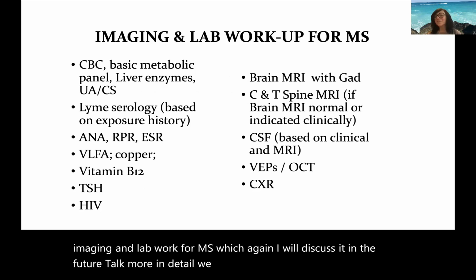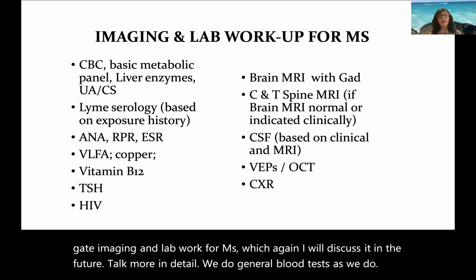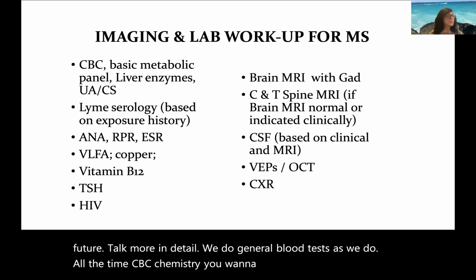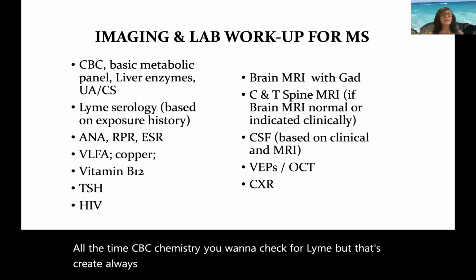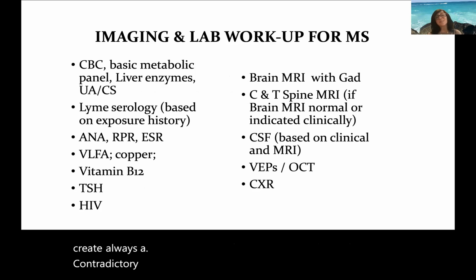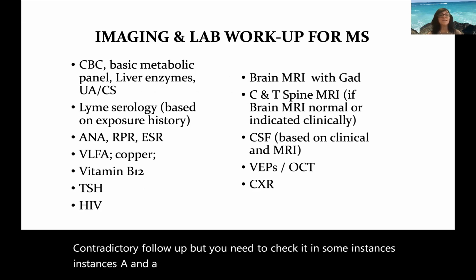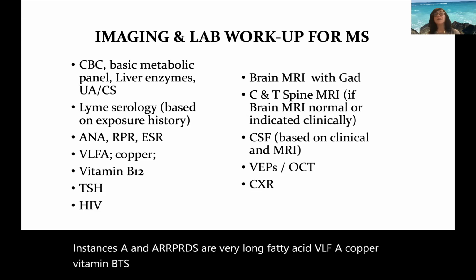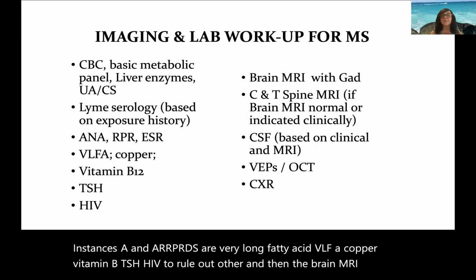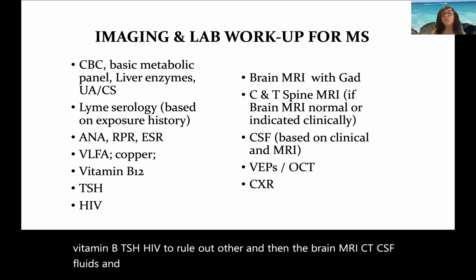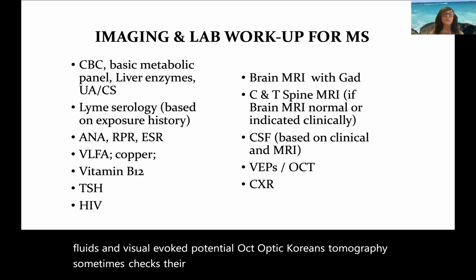We do general blood tests as we do all the time, CBC, chemistry. You want to check for Lyme, but that always creates a contradictory follow-up, but you need to check it in some instances. ANA, RPR, ESR, very long chain fatty acids (VLCFA), copper, vitamin B12, TSH, HIV, to rule out other causes, and then the brain MRI, CSF fluids, visual evoked potential, OCT (optical coherence tomography), and sometimes a chest X-ray to rule out sarcoidosis.